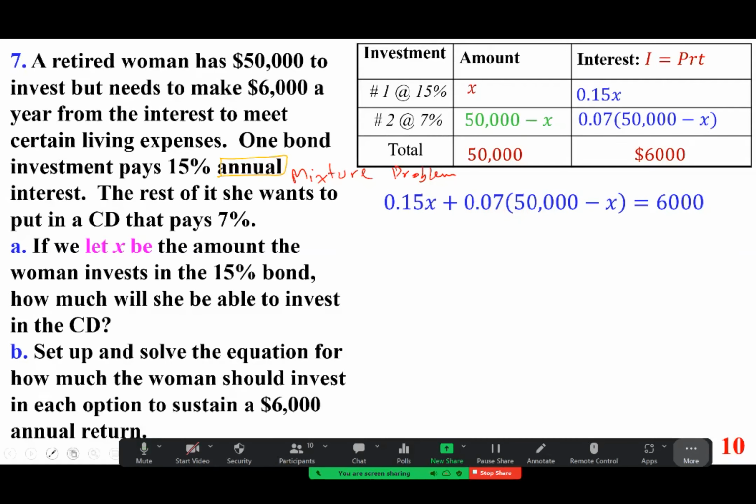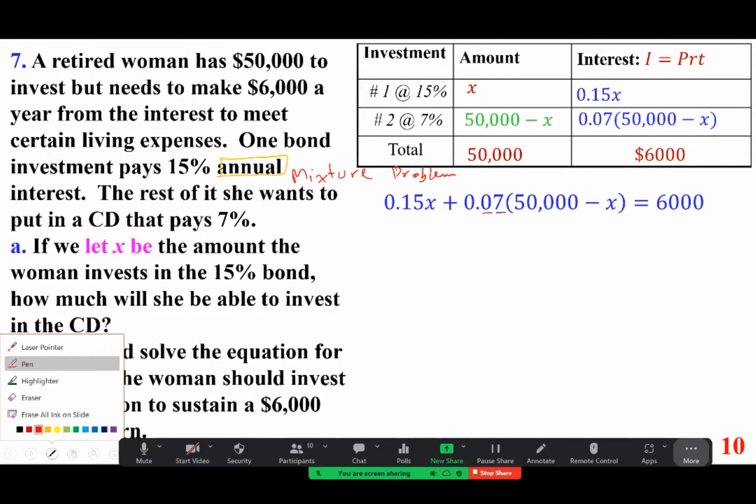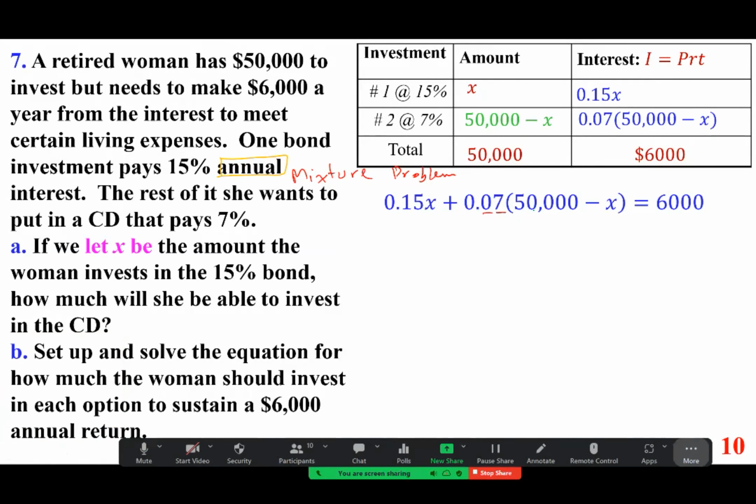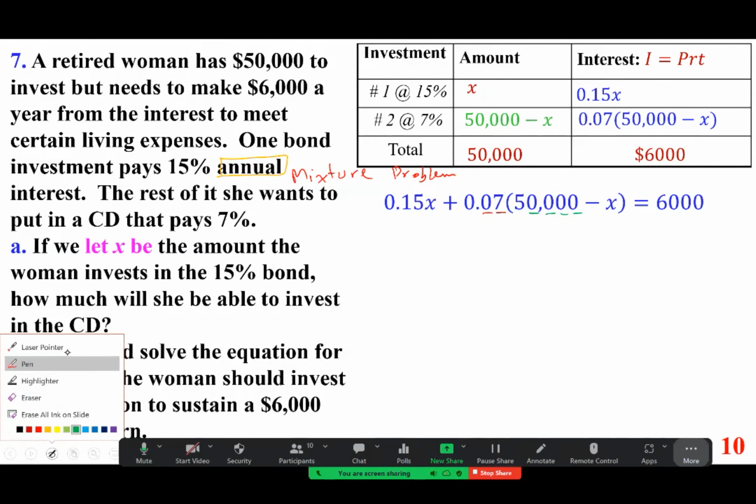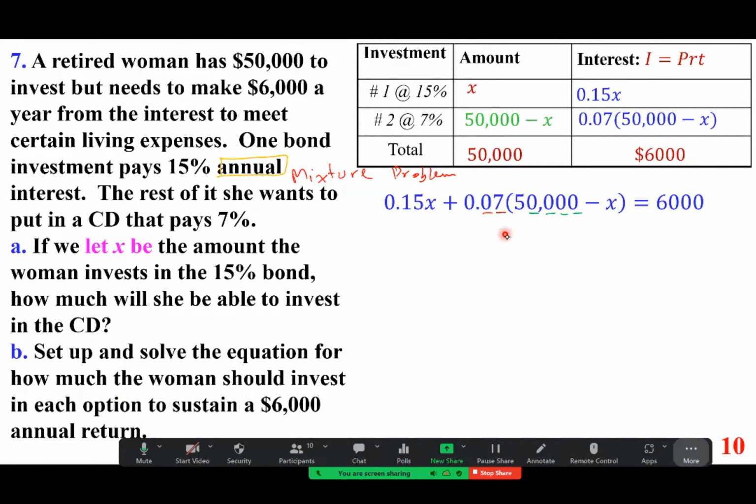We have 2 decimals. We have 4 zeros. So 4 minus 2 gives us 2 zeros. So 5 times 7 is 35, and it gives us 2 zeros. This is 0.15x, and this minus 0.07x. The right side doesn't change.